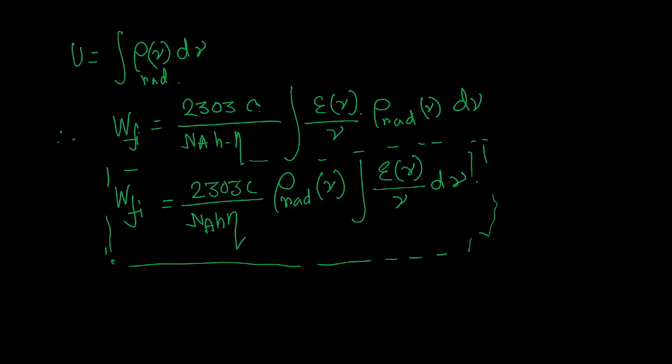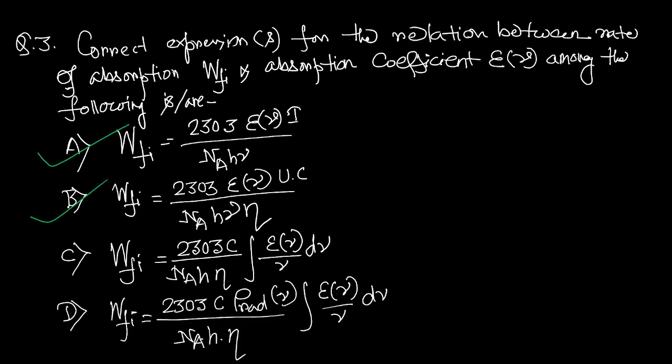So this is the final expression of the rate of transition from I to F. This doesn't have the radiation density part, this is the radiation density part, this is the correct option.